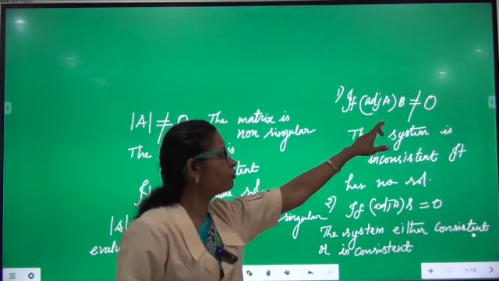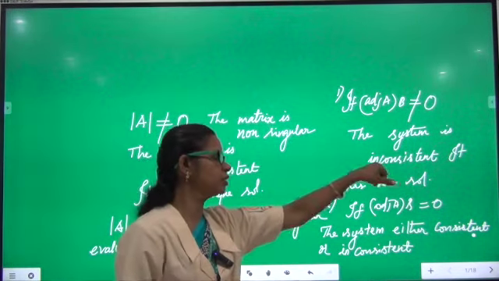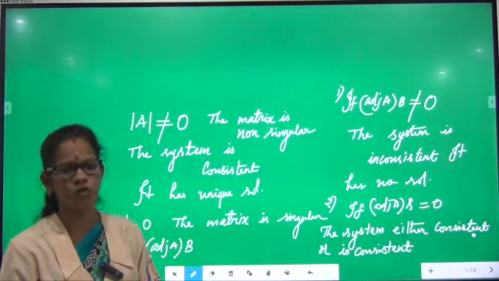If the adjoint of A into B is not equal to 0, the system is inconsistent, it has no solution.